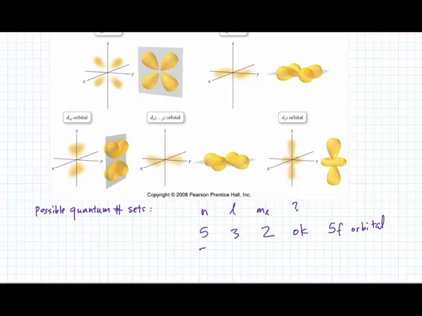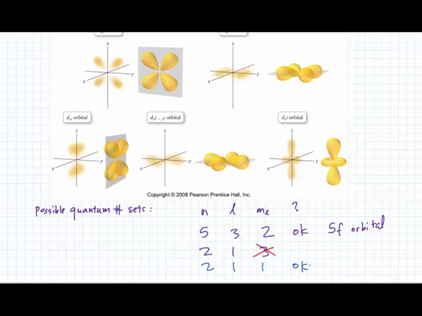What about 2, 1, 3? Is that a good-looking group of quantum numbers? No. What's the problem? My magnetic number is beyond the bounds of -1 to +1. 2, 1, 1 would be okay.